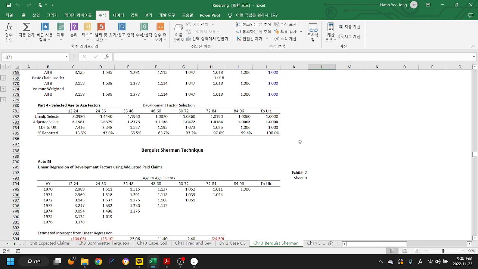And this is what I've got from the original Berquist Sherman. And next, I'm going to show you how Friedland, in the textbook that I mentioned, applied this methodology to her data.